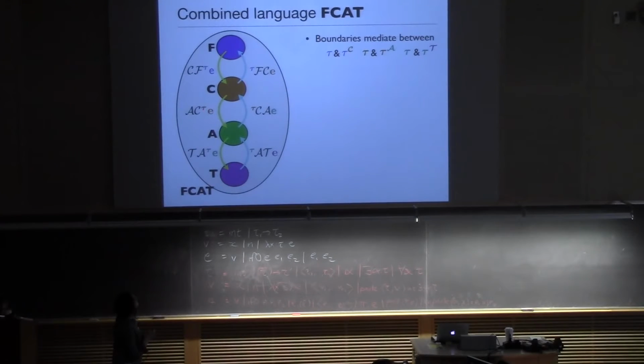These boundaries mediate between the orange type and its translation, and these boundaries mediate between the next two, okay? So always the target code has type tau plus, and on the source side you have type tau, okay? And then when you flip, inside you put something of type tau, and on the outside you get something of type tau plus, okay?